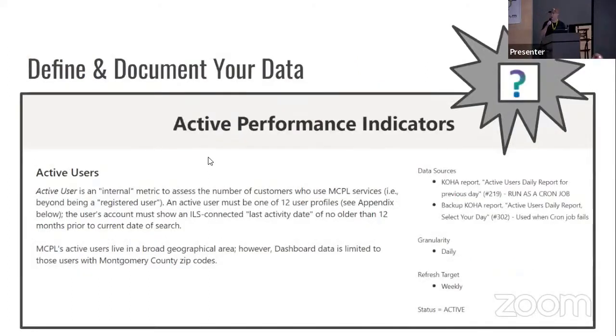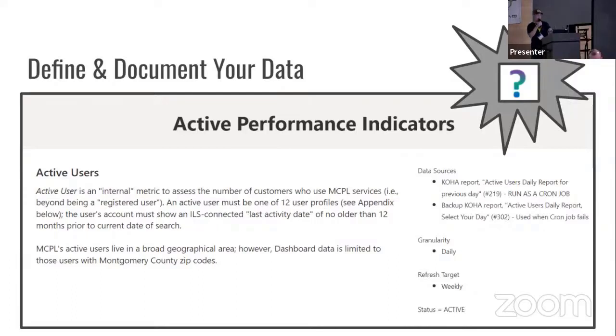A big one is you grow. There are tools that will help you do this, but honestly, at our stage and in many stages for many people, a simple web page would work. So we define and document our data. So we have active users. We've been doing this for a while, and we give a definition so there's no confusion. So we know that staff aren't saying, oh, we have X active users, and then going off and saying, yeah, for the last 3 years. No, that's not how it works. We do it yearly.